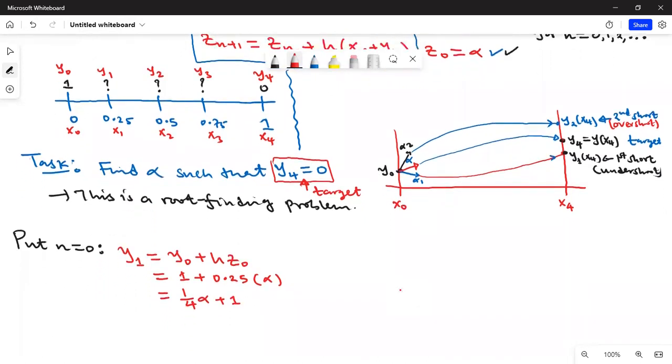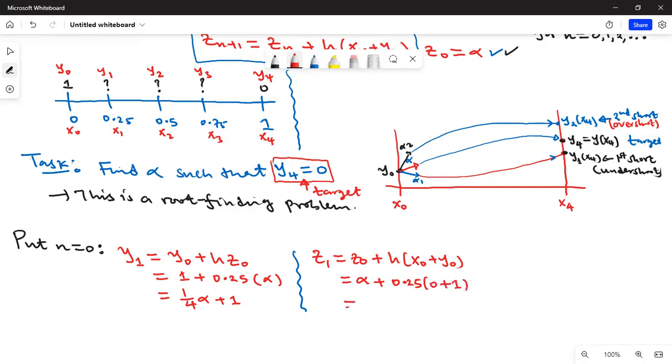What about z1? For the same problem, let's work it out here. z1 will be equal to z0 plus h into x0 plus y0. And so our z0 is alpha, h is 0.25, our x0 was 0, and our y0 is 1.